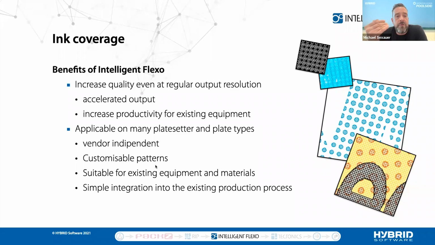If we can improve with intelligent flexo at the regular resolution, the output and also the print can show significantly better results. So you can tackle the rising material prices today by increasing quality with intelligent flexo on your existing infrastructure. Intelligent flexo offers a predefined pattern library, but also allows you to customize your own patterns.